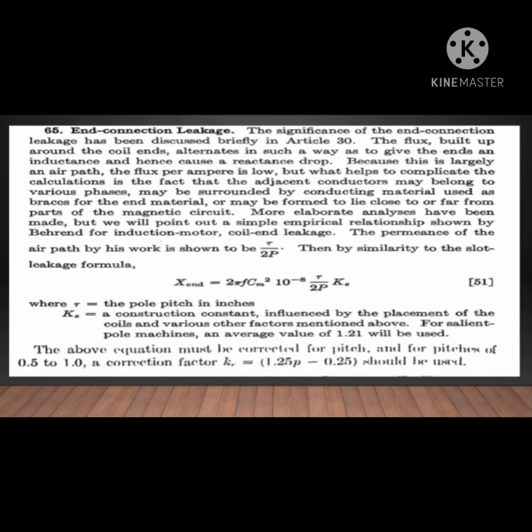So, our KE is equal to 0.25p minus 0.25. We use this for pitches in the end connection leakage.